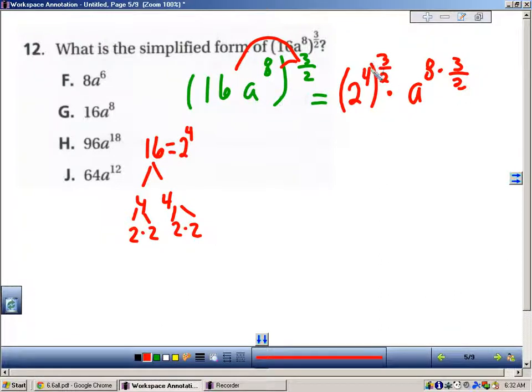All right, so 4 and 3 halves. Remember, when you multiply a power to a power, you multiply. And 4 over 1 is still 4, and 3 halves. I just want to show this for those who are still struggling with this concept. Multiply straight across, you get 12 over 2, or you can cross reduce, which gives you 2 times 3, which is 6 over 1, or just 6.